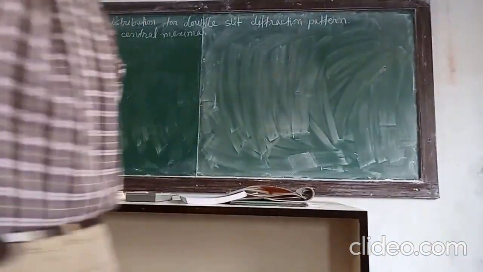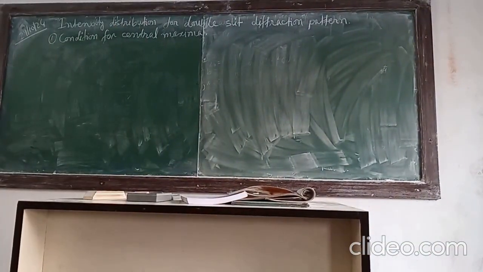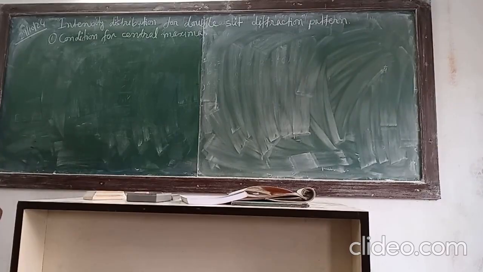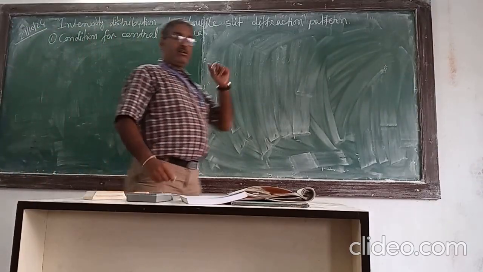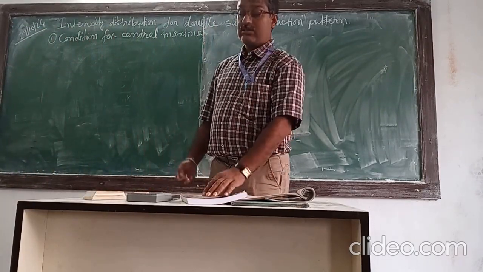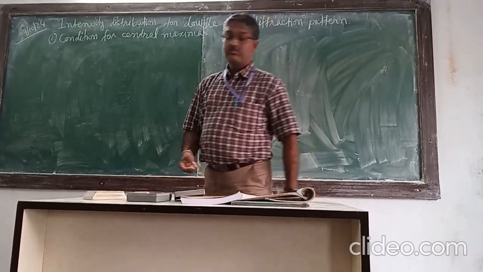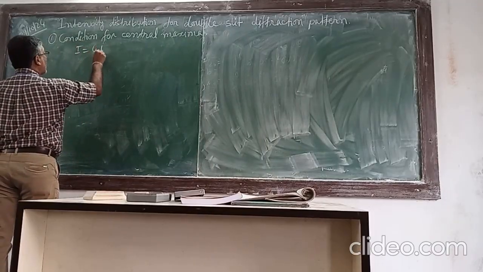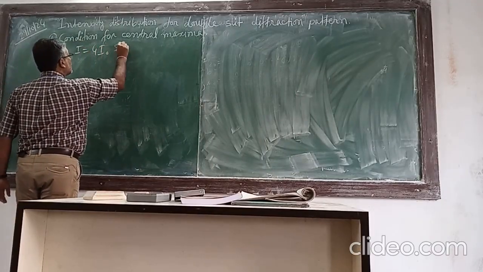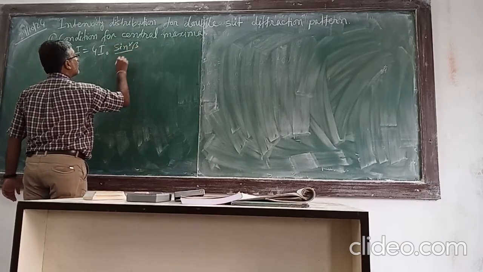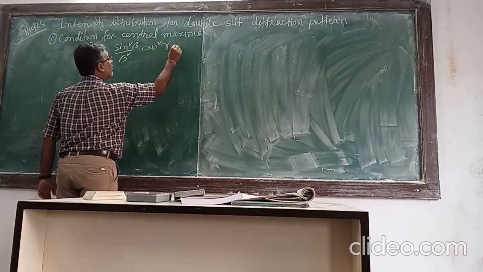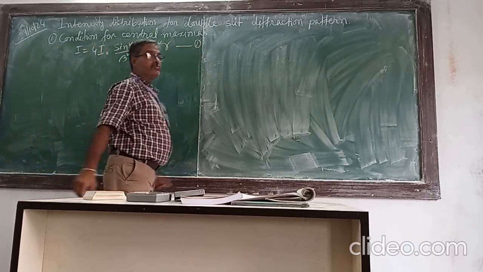What is the intensity distribution? I equals 4I0 sin square beta by beta square into cos square gamma. Equation 1.